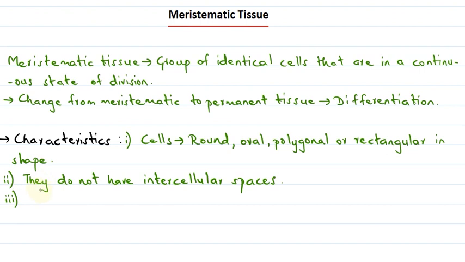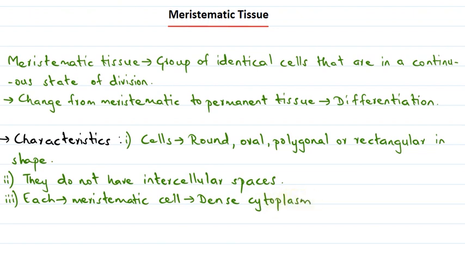Then each meristematic cell possesses dense cytoplasm with a large and prominent nucleus.